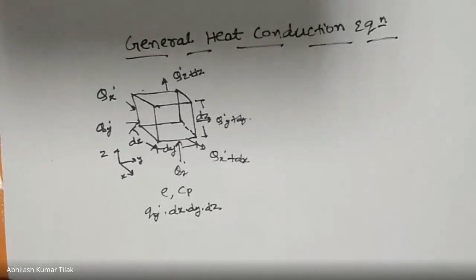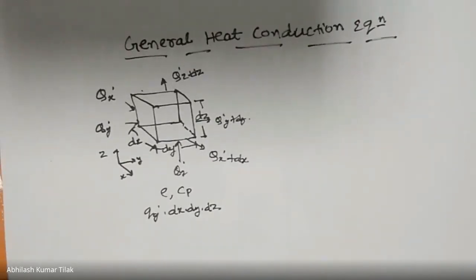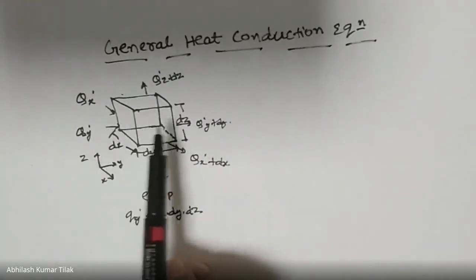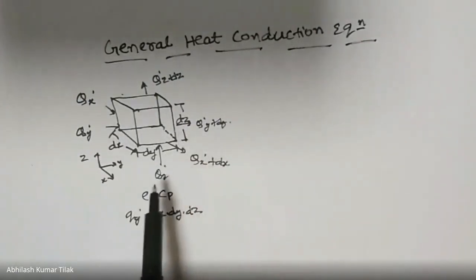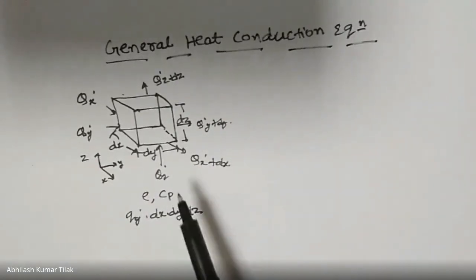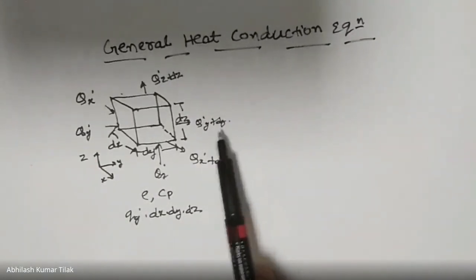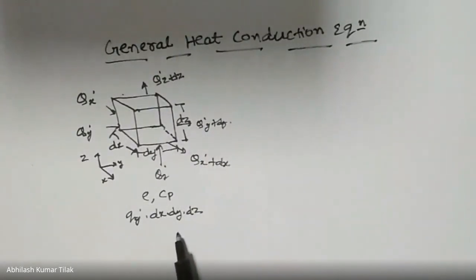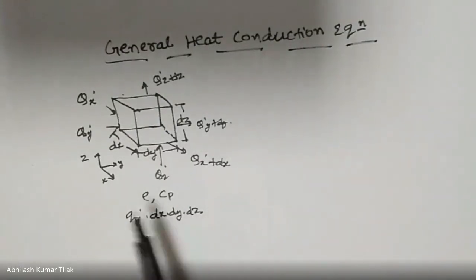So let's apply the energy balance on this element during a very small time interval dt. For a given small interval, I can write the energy balance as rate of heat conduction at x, y, and z, minus rate of heat conduction at x plus dx, y plus dy, and z plus dz, plus rate of heat generation inside this element, equals the rate of change of the energy content of the element.